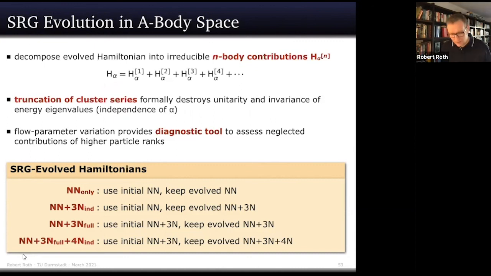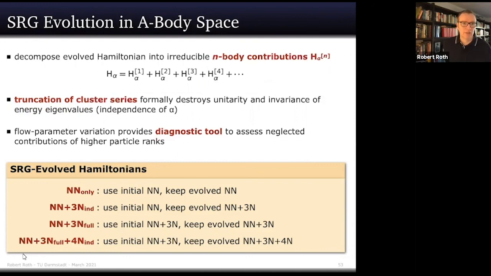So here is another truncation, another source of uncertainty in our many-body ab initio framework. We truncate this cluster expansion of the Hamiltonian, and we typically go up to the 3-body level. We stop after the 3-body terms. You might argue, okay, is that a good approximation? Well, we have to show that. And you have diagnostic tools to show how big the effect of the residual terms is, because you can play with this flow parameter.